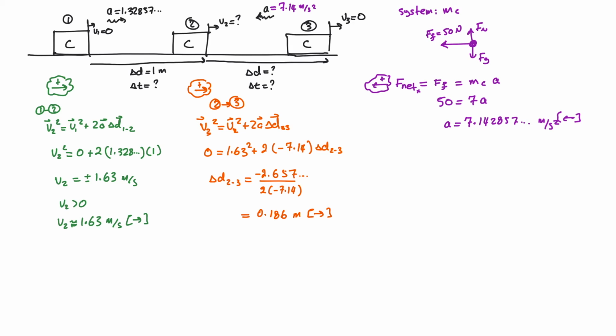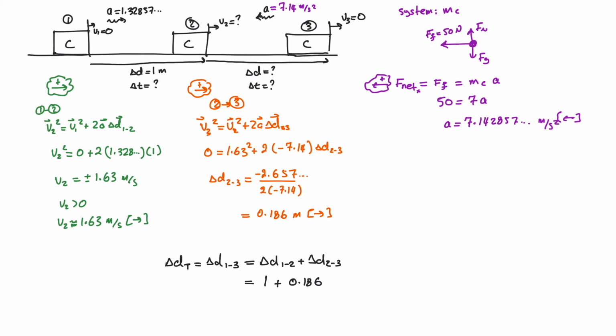The question is asking for the total displacement, so the total displacement is equal to the displacement from stage 1 to 3. That's the displacement from 1 to 2 plus the displacement from 2 to 3. And I have those values. One of them is 1 meter, that's given to me in the question. And the other one is 0.186.